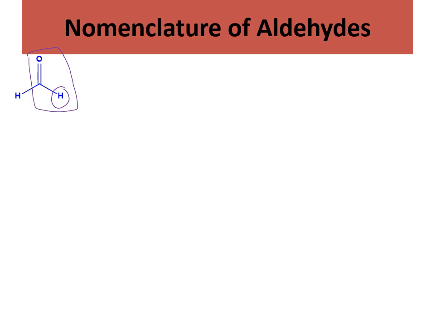So this compound is commonly known as formaldehyde, and when you want to give the IUPAC name, you count the number of carbons present in this molecule, and this molecule has only one carbon, so this one carbon will be considered as the parent methane, and we will call it methanal. So we are taking the name of the parent hydrocarbon, and we are putting al, which we are borrowing from the name aldehyde. Okay, so that is methanal.